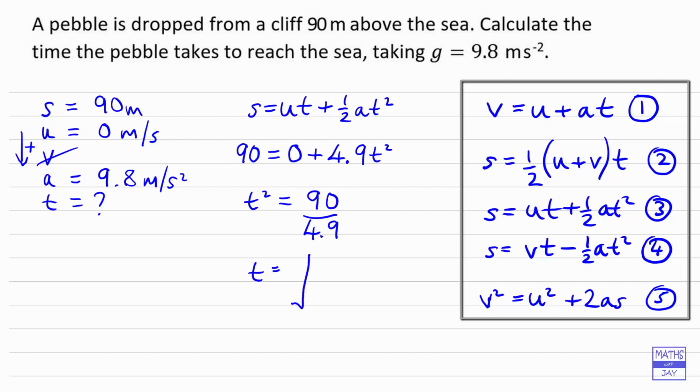So t is the square root of 90 over 4.9. So giving the answer to one decimal place, we get 4.3 seconds. So the pebble takes 4.3 seconds to reach the sea.